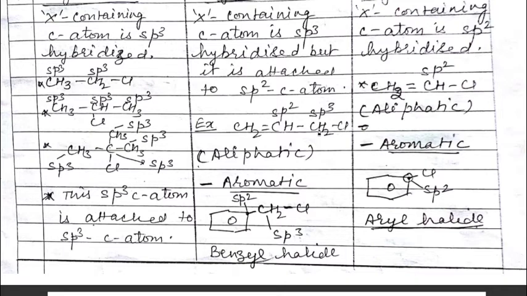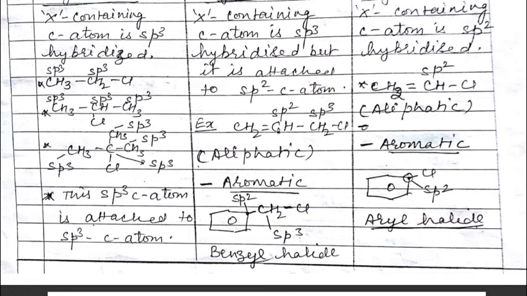For example, this compound, this carbon atom to which chlorine is attached, this carbon is sp3 hybridized because it is saturated one, as it is having single bonds only. But this carbon atom is attached to sp2 hybridized carbon, doubly bonded carbon atom. So it is the example of allyl halide.